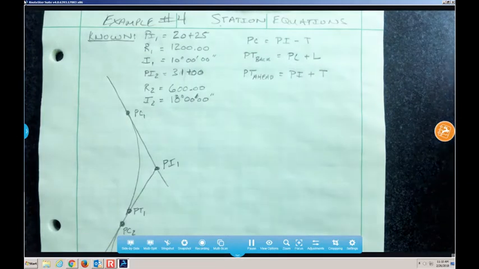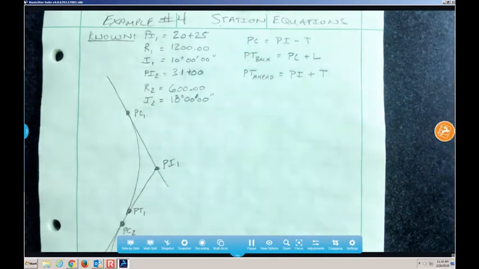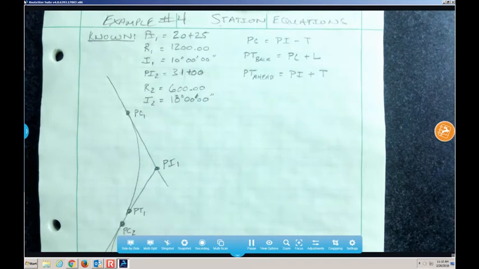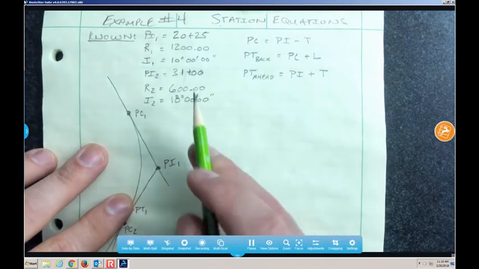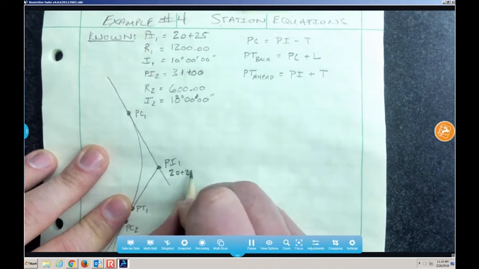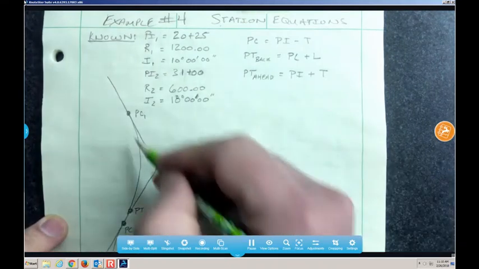So if I ask you to figure out the PT ahead, you're going to use PI plus T. To figure out the PT back, you're going to use the PC plus L. 2 totally separate numbers. Okay? So our PI 1 is 20 plus 25. First curve here right now.